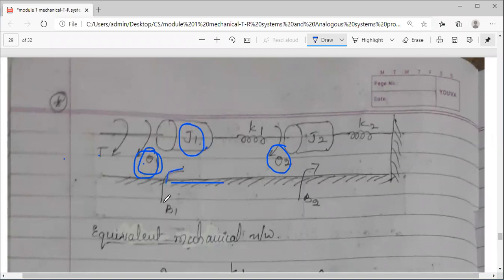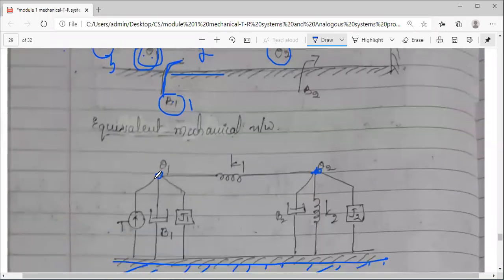In between you will get friction, so even this torsional friction will be there. So B1 is one term, J1 is the second term, and we have torque also, the third term. So three different elements, including this torque, are connected to theta 1. I have drawn these three: there is a torque, there is a damper, there is a moment of inertia.